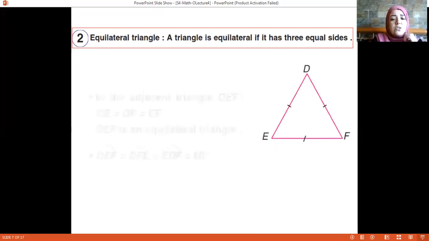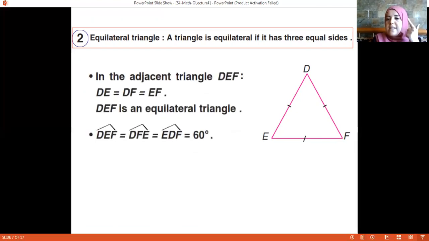It's an equilateral triangle, so DE equals DF equals FE, and angle DEF equals DFE equals EDF, and all of them are 60 because a triangle is 180, and all of them are equal, so we divide 180 by 3, so each one is 60. We are going to learn about this later on, but keep in mind that in an equilateral triangle, because we have three equal sides and three equal angles, each angle is 60 degrees.